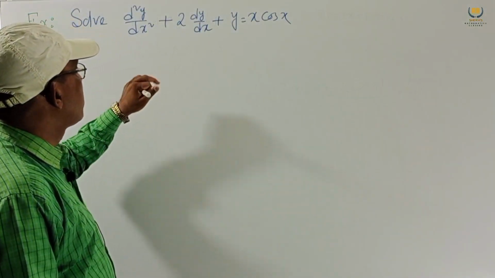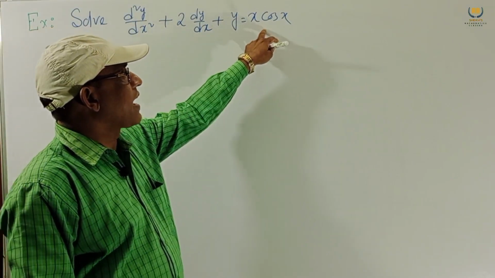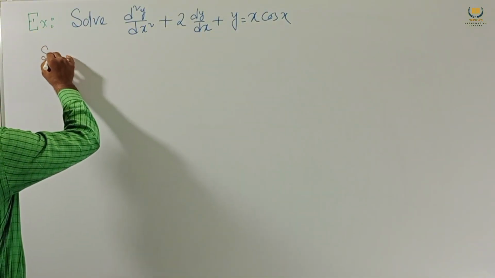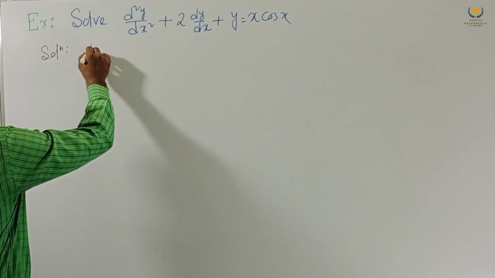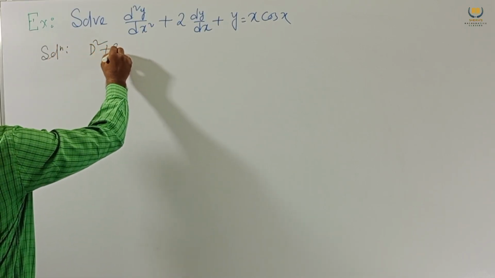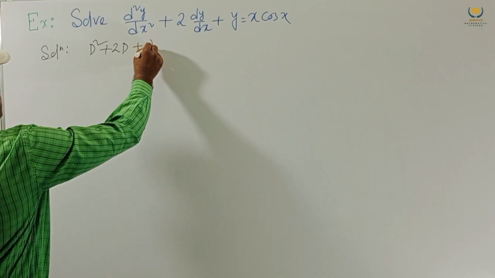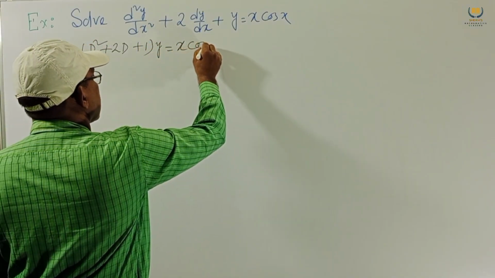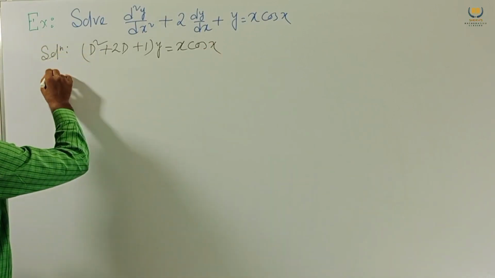Consider another problem, and on the right hand side we get x cos x. Now the solution: we write this as (D square plus 2D plus 1) y equal to x cos x.